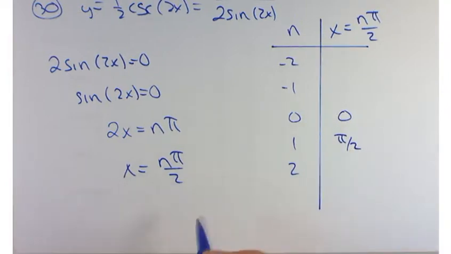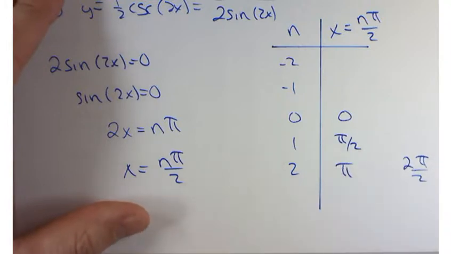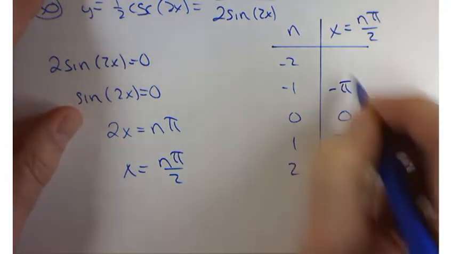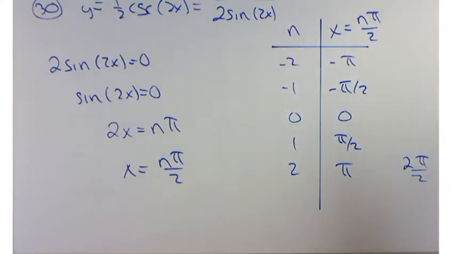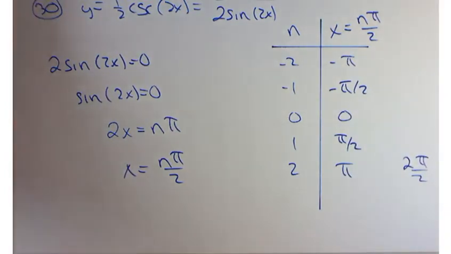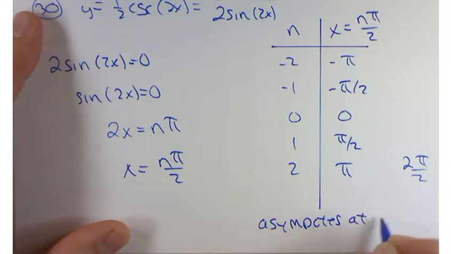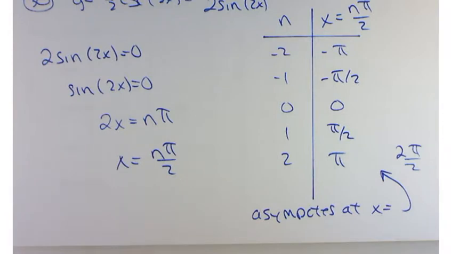What about if n is 2? 2 times pi over 2, well, the 2's cancel, so you just get pi. You get symmetric results on the other side: negative pi over 2 and negative pi. These are the places on the x-axis where you should draw your asymptotes. So at x equals these values, that's where you're going to draw your vertical lines on your graph.